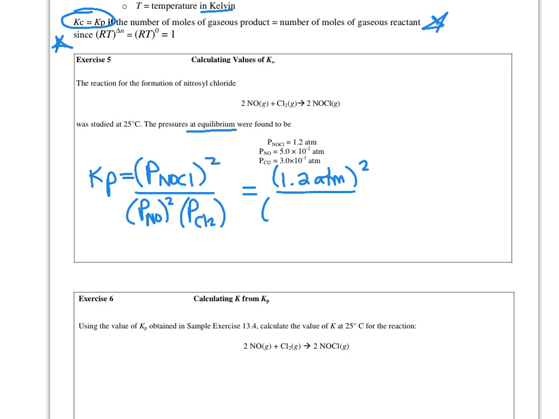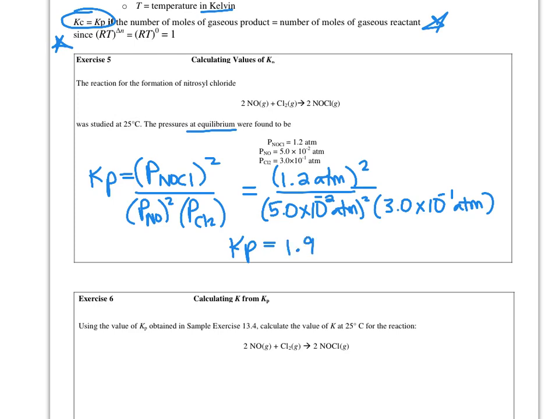My pressure of NO is going to be 5.0 times 10 to the negative 2 atm squared, times 3.0 times 10 to the negative 1 atm. All right, so when I plug that into my calculator, Kp equals, we're going to do 2 sig figs, so I get 1.9 times 10 to the third.